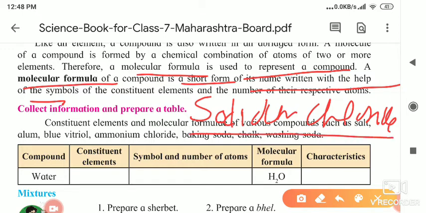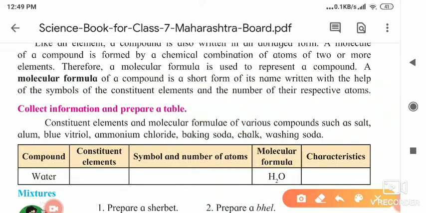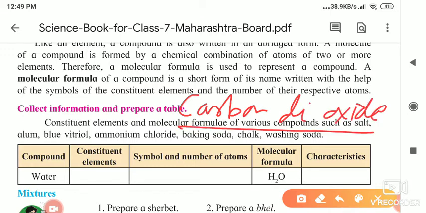Instead of writing such a long name, we write NaCl, a short form. Instead of writing carbon dioxide, if we write CO2, it becomes easy to understand, and it is a short form used for writing.